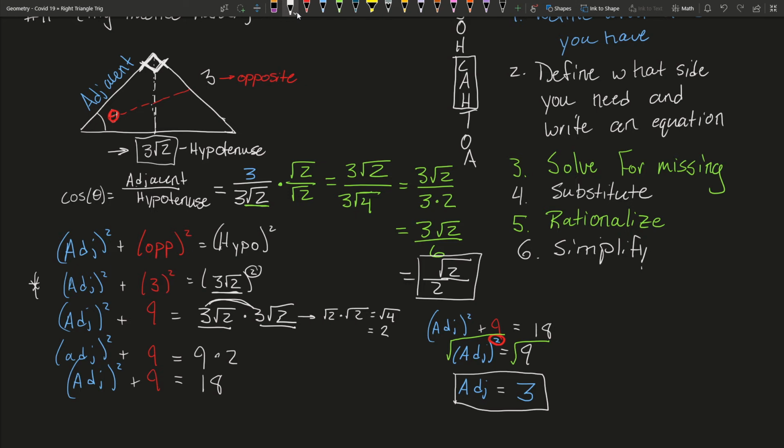I get that the actual ratios, the SOHCAHTOA stuff, that's easy. Pythagorean theorem is a little bit harder, but then mixing those two things together and rationalizing, that's when it gets to be a little bit tricky. Okay, so before we move on to the next one, are there any questions over how we got anything on this screen?